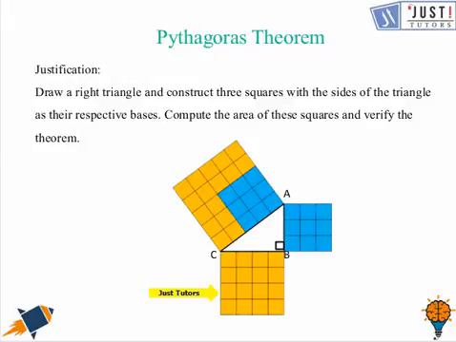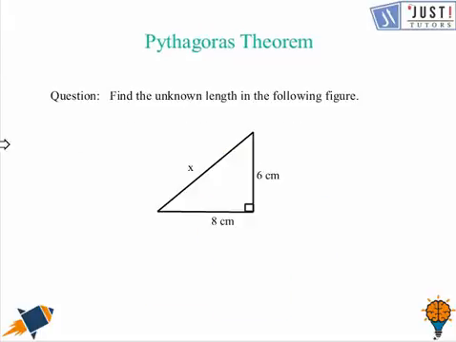Now let's try a question based on this Pythagoras theorem that we have just learned. So here we have to find the unknown length, that is the hypotenuse here in this right angle triangle. So as we know that sum of square of other 2 sides is equal to square of hypotenuse, so we can say that x square is equal to 6 squared plus 8 squared.